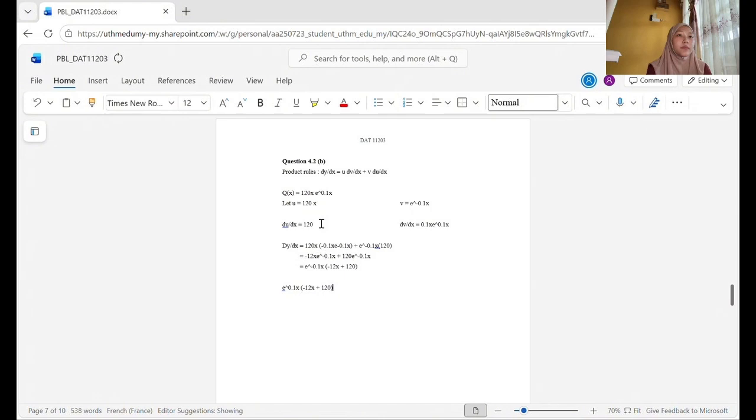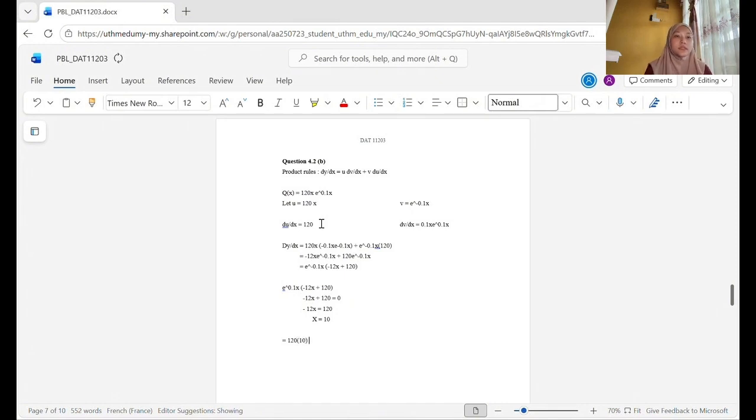So e to the power of negative 0.1x times (negative 12x plus 120) equals 0. Since the exponential function can never be 0, we only solve negative 12x plus 120 equals 0. So we get x equals 10.